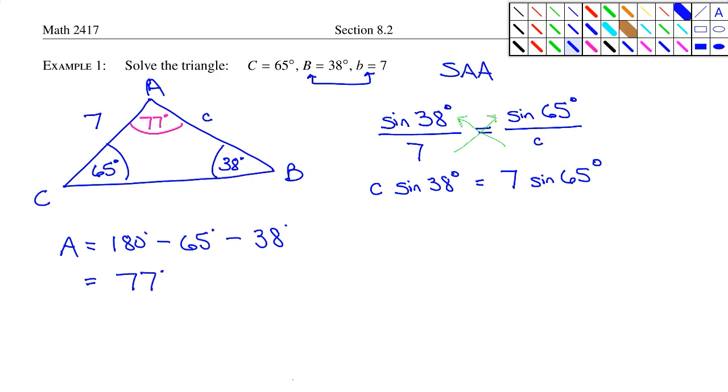And now to solve for c, we divide both sides by the sine of 38 degrees. And c is equal to 10.30. Let's go ahead and round everything to 2 decimal places here.